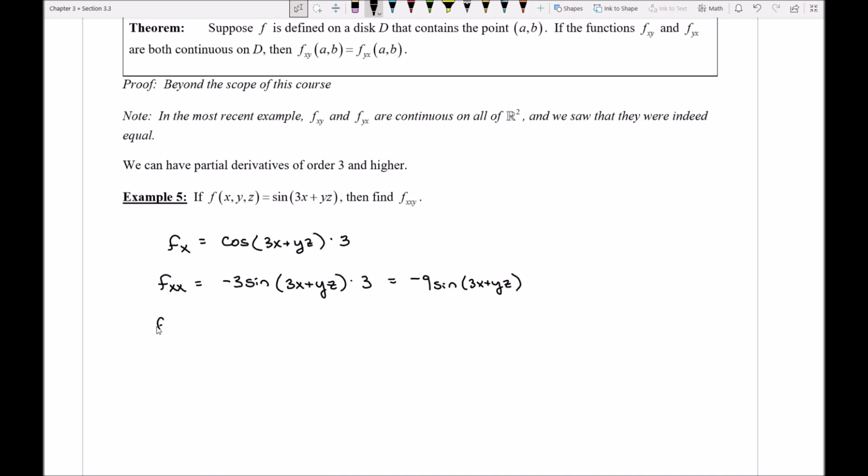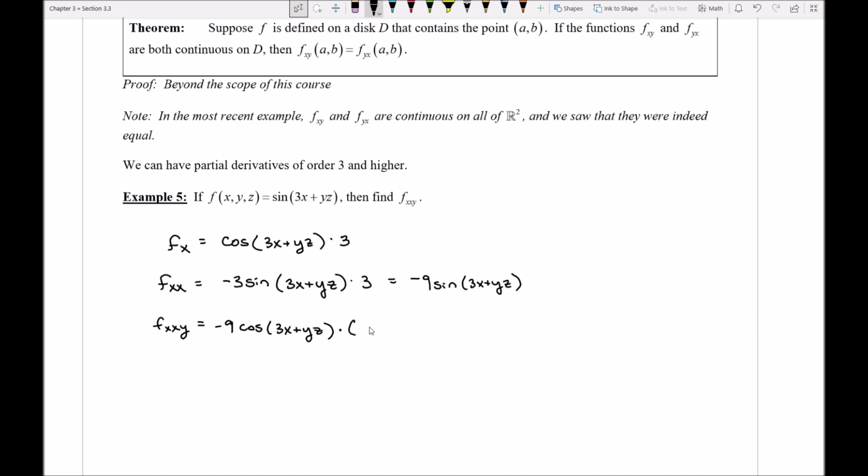Now, if I was to go ahead and calculate another partial derivative, this time with respect to y, going from here, I would say, well, this is going to be negative 9 times the cosine of 3x plus yz. And I'd have to chain rule to do the derivative of the inside. This time, though, notice that 3 times x is really just going to be a number.